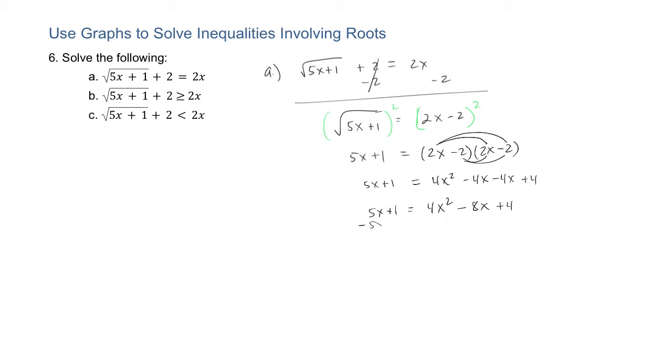So go ahead and subtract 5x from both sides, subtract 1, and we get 0 is equal to 4x squared minus 13x plus 3.